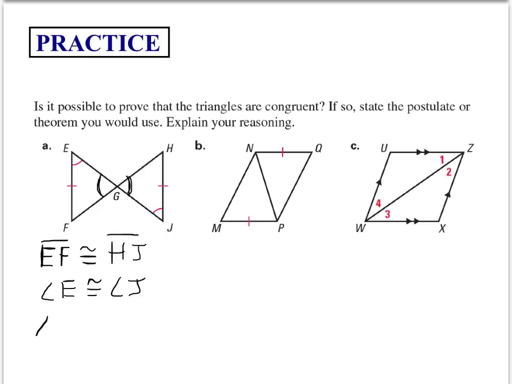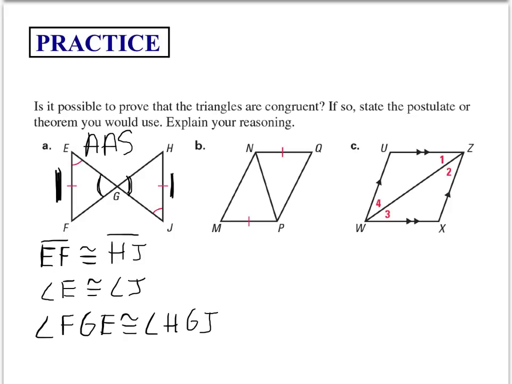So then I'll specifically say that angle FGE is congruent to angle HGJ. So I have two angles and the non-included side. So side EF is the non-included here, and side HJ is not included here. So these are congruent because of the angle-angle-side congruence theorem.